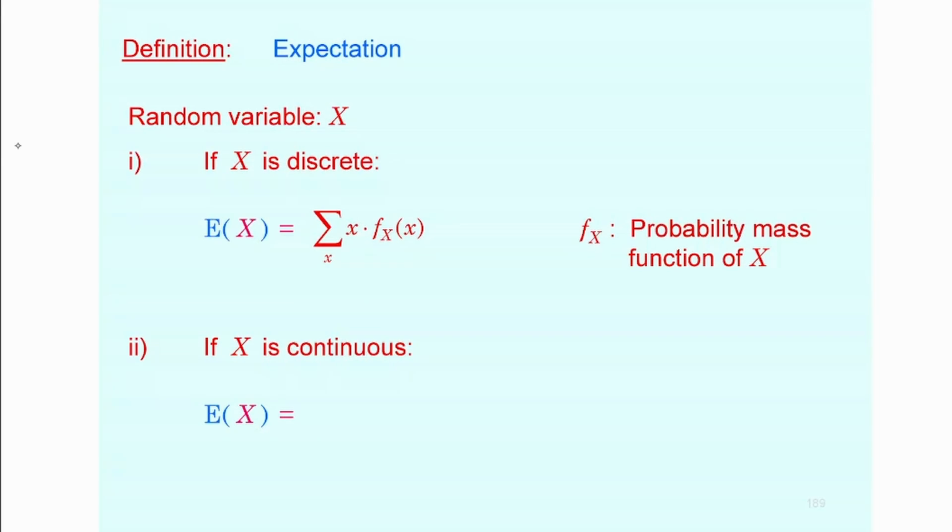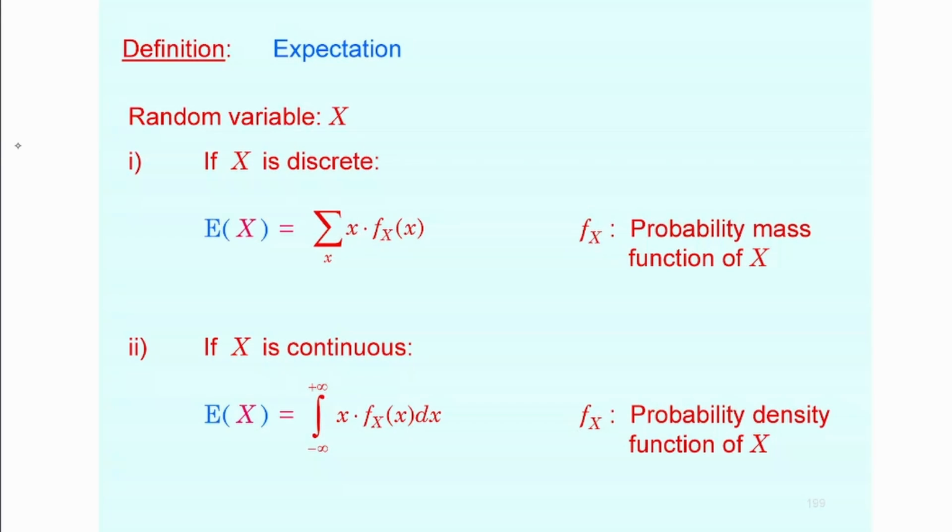Now, when it comes to continuous distributions, let's assume that you have a density function. The sum is going to be changed into an integral. The probability mass function is not the same as the probability density function, so please keep that in mind, although I'm not distinguishing between the two in notation.